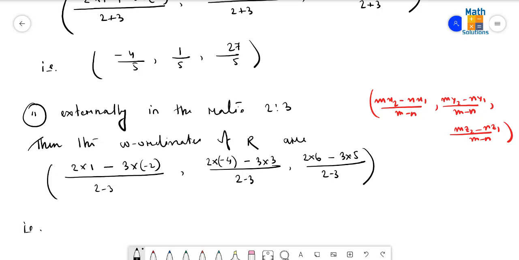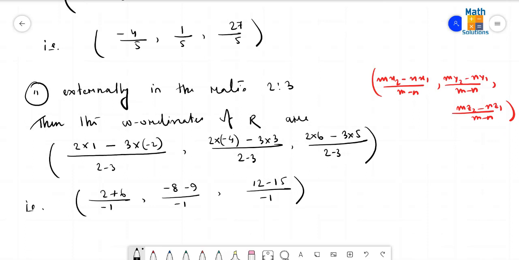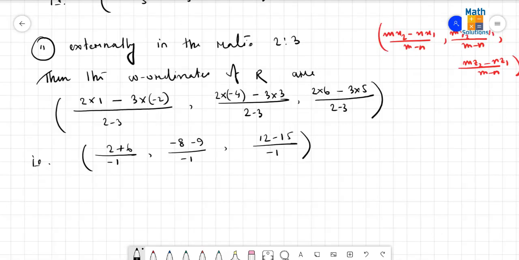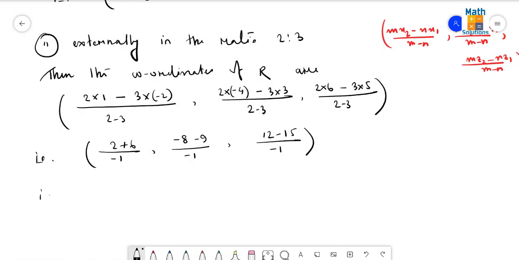That is, we are going to get (2 + 6) by -1, then (-8 - 9) by -1, then (12 - 15) by -1. So the result will be (-8, 17, 3). So this is the answer.